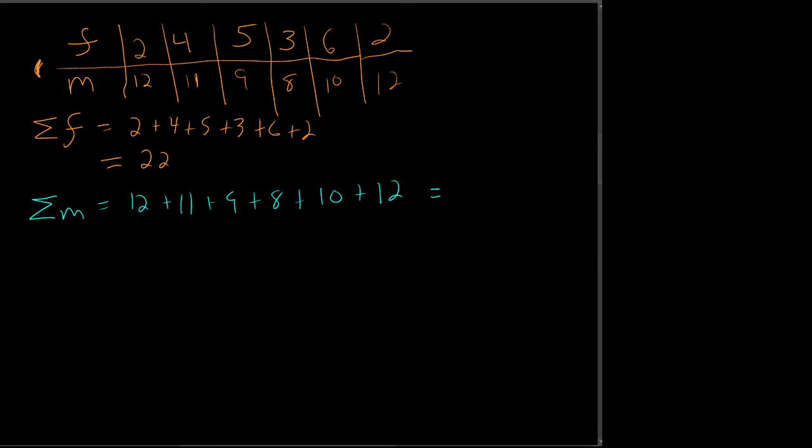And of course what's nice is we have calculators, right? I have to talk to kind of show what we're doing here, but you can grab your calculator and type in all of these and get the sum. Well, sometimes we might want to find out what the sum is of my f times my m.